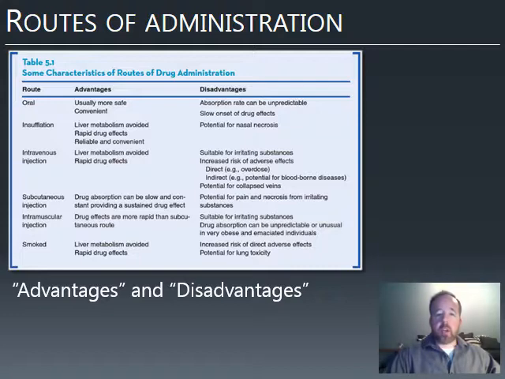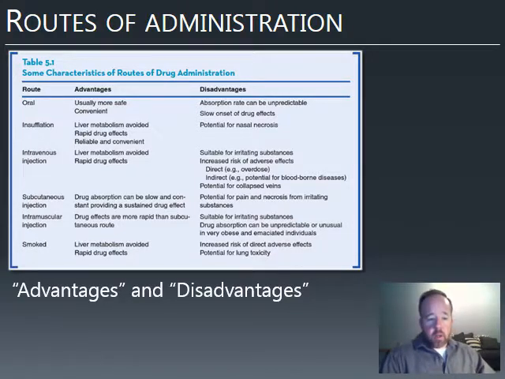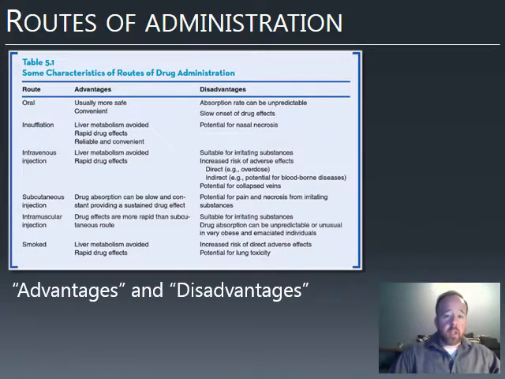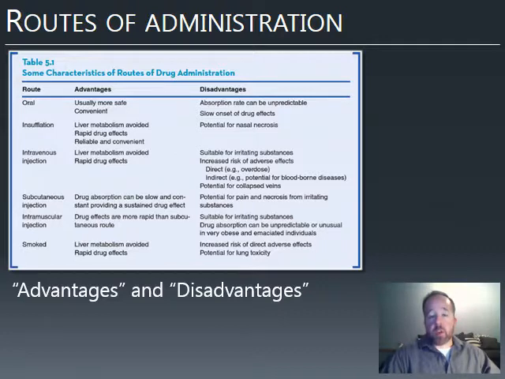Similarly for injection. So if you inject something just into the skin, if you use a subcutaneous injection, if it's irritating or even damaging to the skin, you can have what's called necrosis, which is just the death of tissue around the site of injection. So that's obviously not something you want. So the subcutaneous and intramuscular injections tend to be slower.